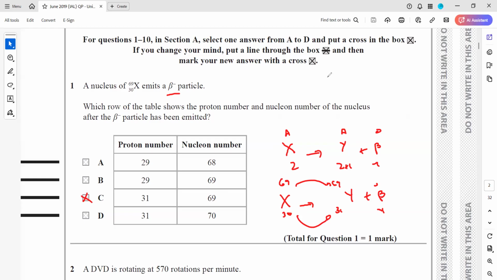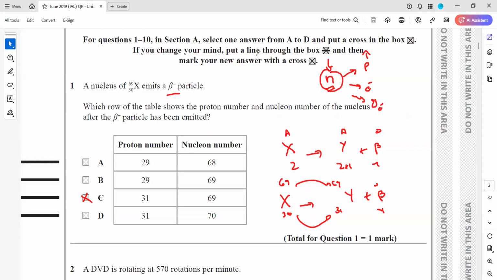Because in a beta decay, there are two types of beta, negative and positive beta decay. In a negative beta decay, a neutron will break down into a proton, electron, and anti-electron neutrino. So as one neutron breaks down, the neutron number decreases by 1 and the proton number increases by 1.